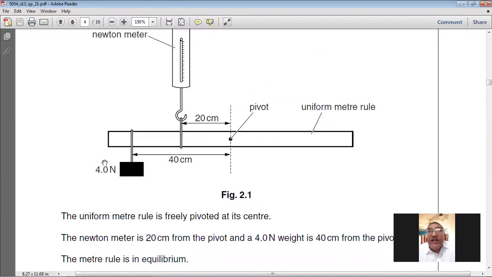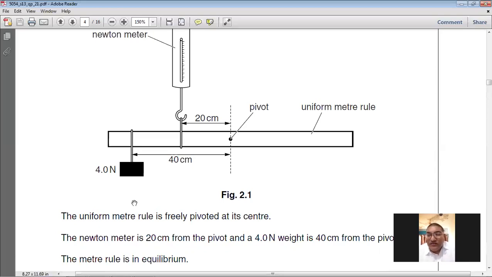For example, suppose this is the downward force, 4 Newton, and this is the upward force, which is 8 Newton. And suppose here the pivot is also applying a force in the upward direction. So these two forces are in the upward direction and this force is in the downward direction, so their sum will be equal to the 4 Newton force.